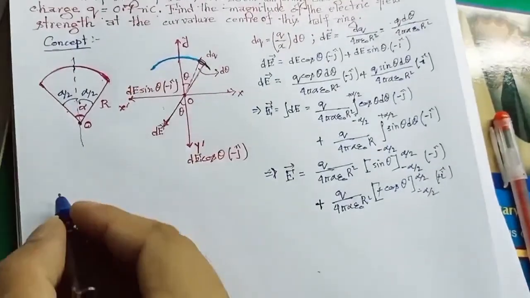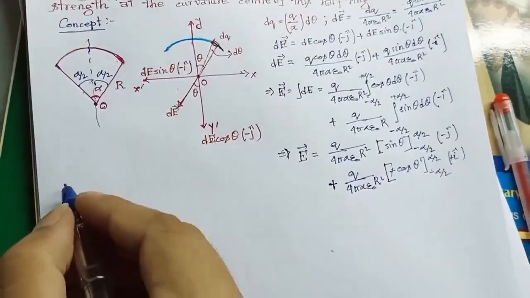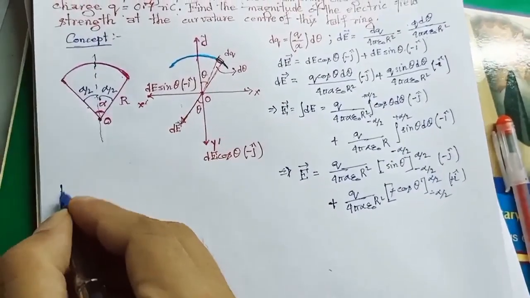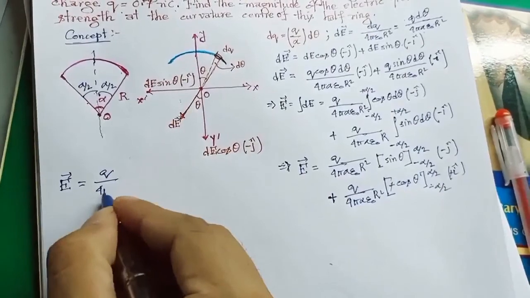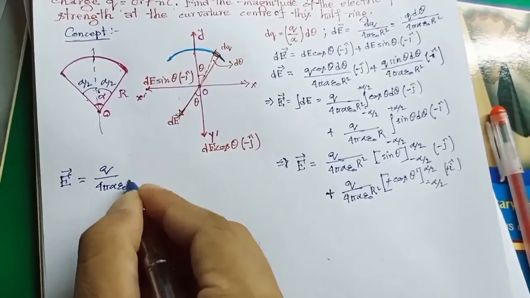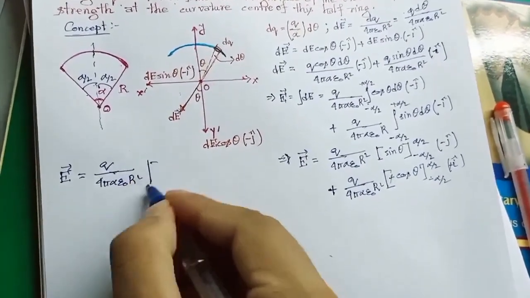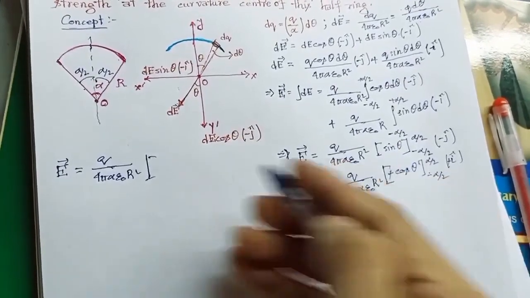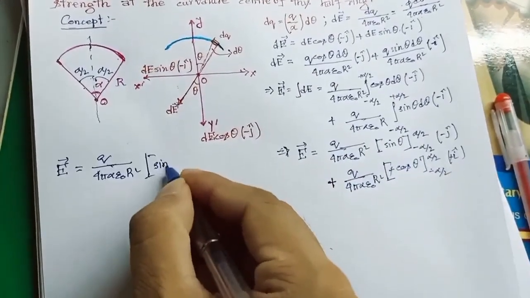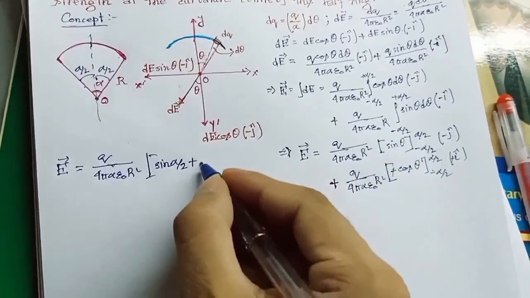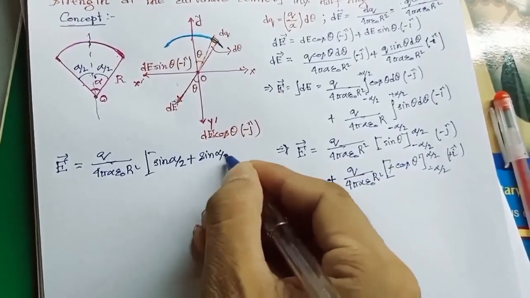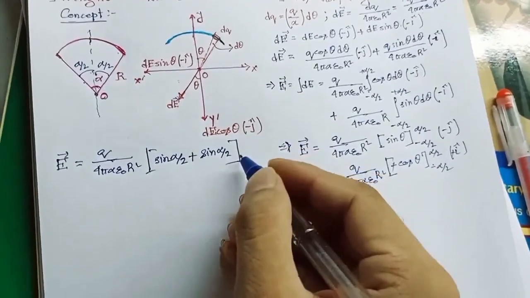So after cancellation we can write the total or net electric field E will be equal to q divided by 4 pi epsilon naught r square into, if we evaluate this integral, sine alpha divided by 2 plus sine alpha divided by 2, because minus of sine theta equals minus sine of minus alpha divided by 2.